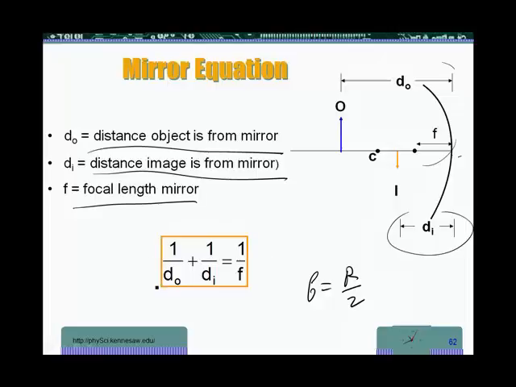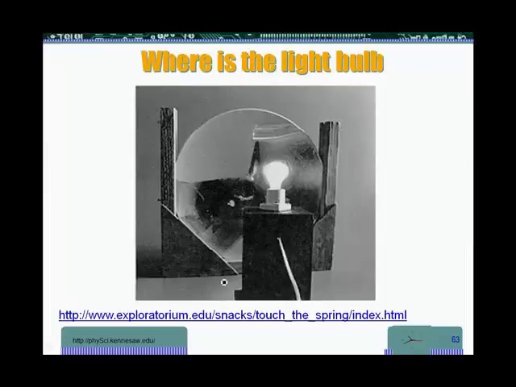Then we have this relationship: 1/f is equal to 1/di plus 1/do. Now an interesting example here. You have a concave mirror, and actually there is no light bulb here, but you see it lit.